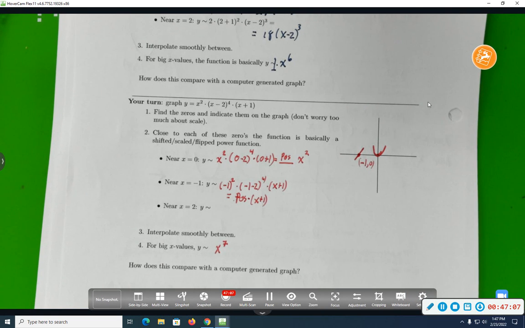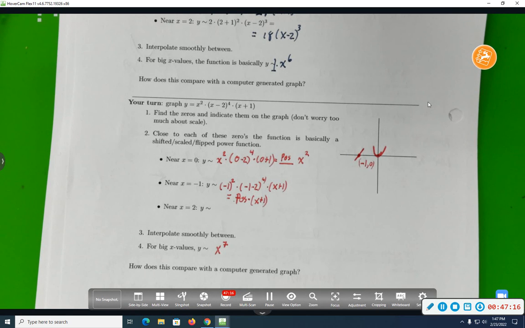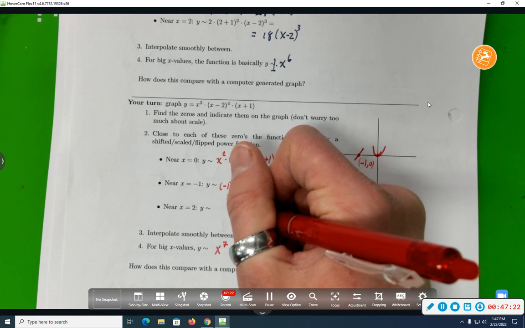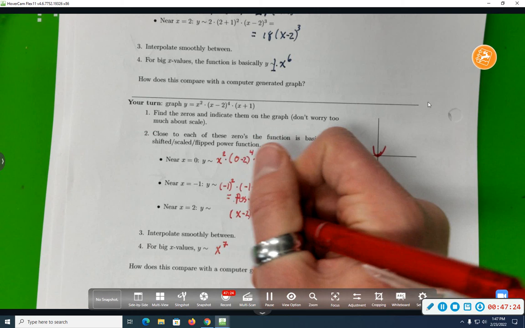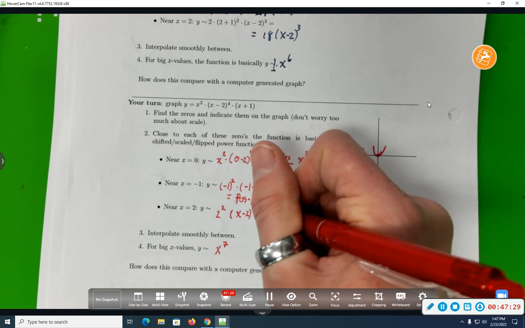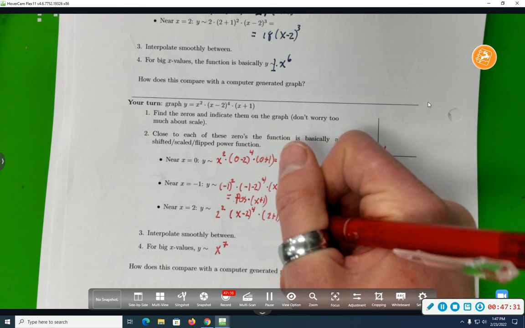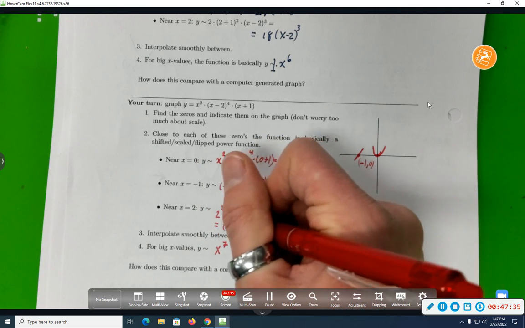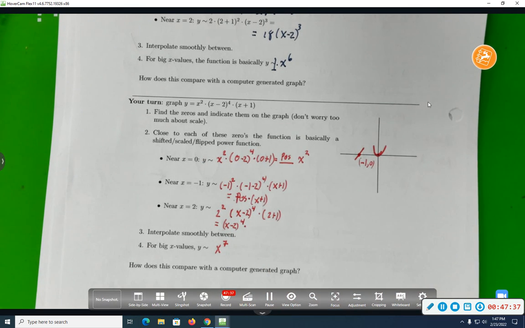People with me so far? All right, now near x equals 2, I'll remember the term that gives me a 0 at positive 2. So it'll be an x minus 2 to the 4th. And I'll replace all the other x's with 2's. So 2 squared times 2 plus 1. So that's x minus 2 to the 4th times something positive or times something negative.